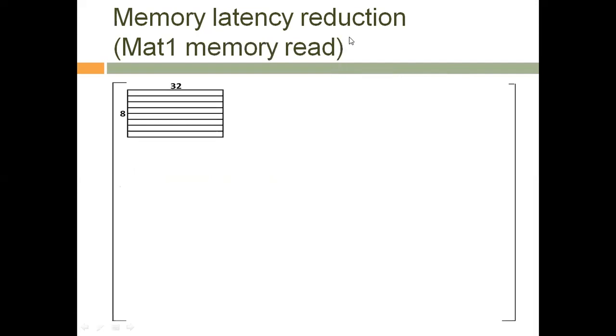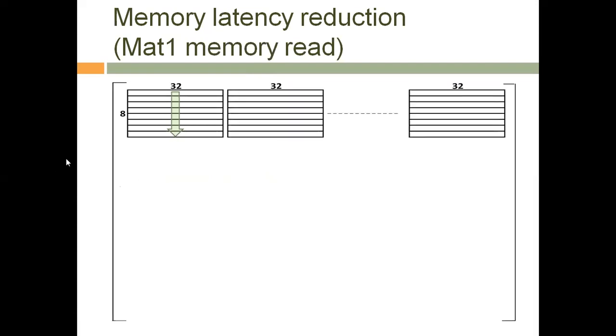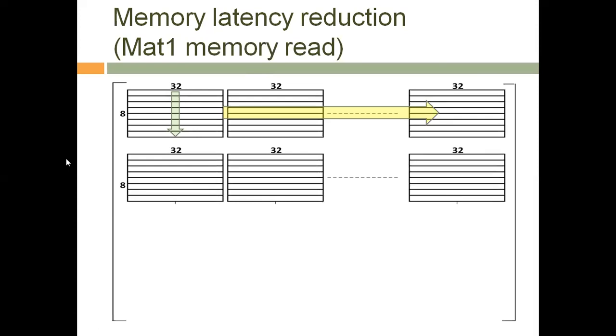In order to achieve this, the order of reading matrix 1 will be as follows. We start by reading the submatrix 8 by 32. This should yield the minimum latency because we read sequentially. And then we will continue in this order.